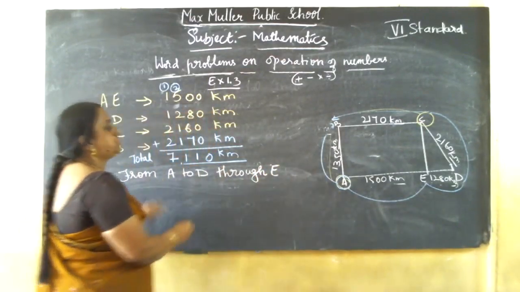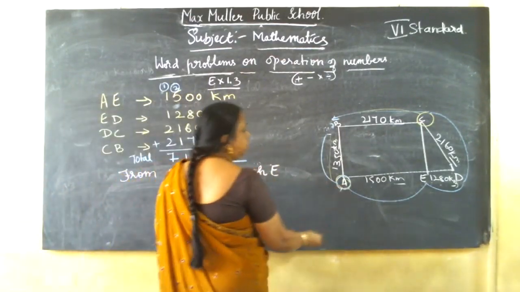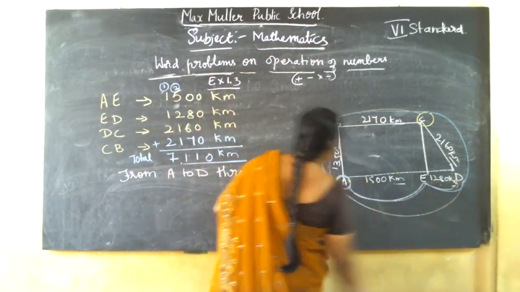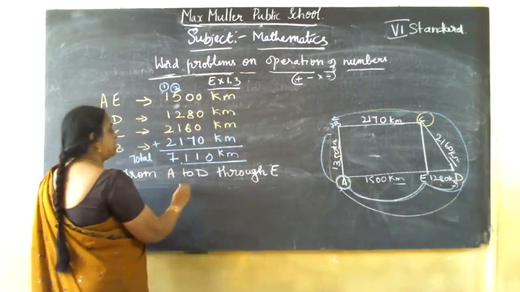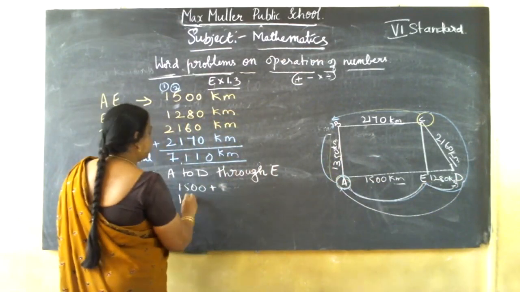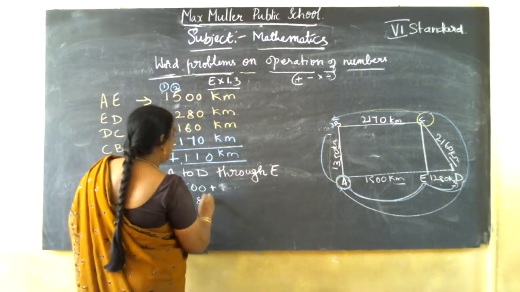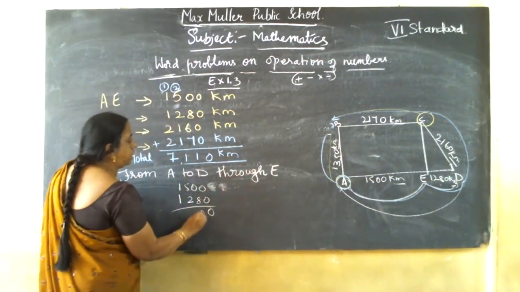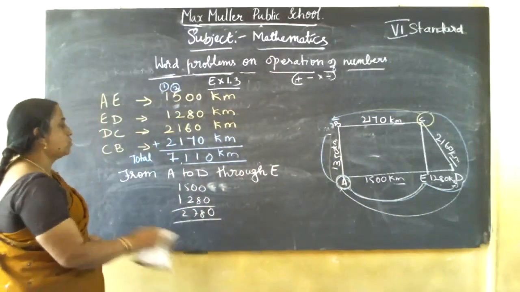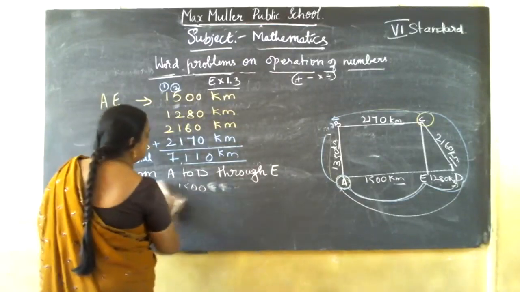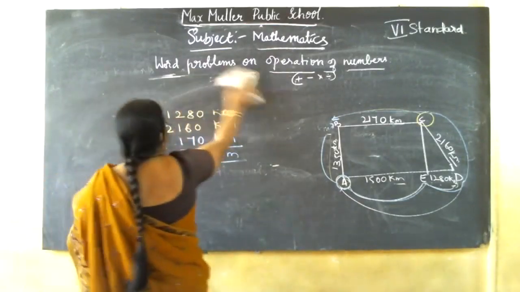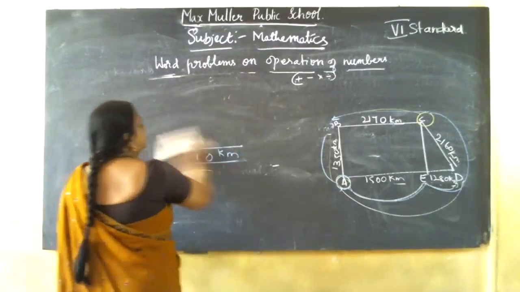First you should start from A, then you should go to D through E. So you add this and this, 1500 kilometer plus 1280 kilometer, you will get 2780. Like this you should do. Got it? Still one more question is there. You can do it yourself. Now question number 2.